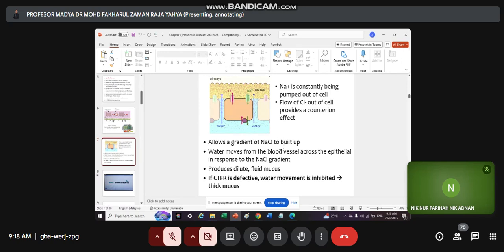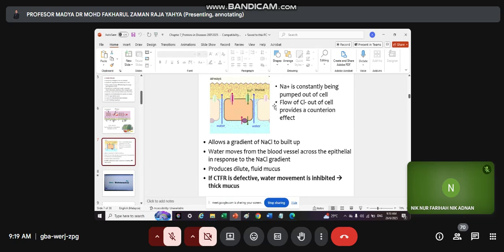However, if mutation happens on CFTR, water and ions cannot be transported normally, then sticky and thick mucus develops. So thick mucus, sticky mucus is considered as abnormal, and it can cause other symptoms.